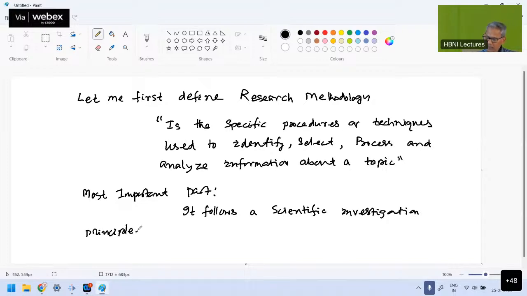What is this scientific investigation principle? You will learn this as you go along. These are the important things. In the series of lectures, you will try to understand each of these terms, because the important part of research methodology is that it follows a scientific investigation. As you go along, you will see this.